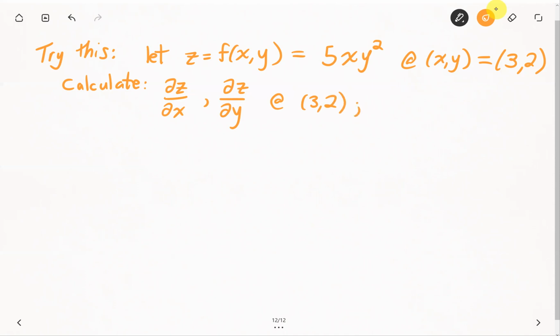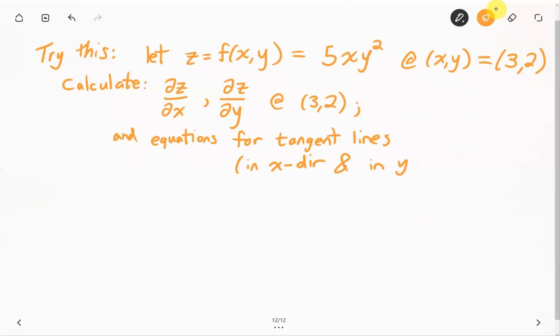And then find the equations for the tangent lines along the x direction and also in the y direction.